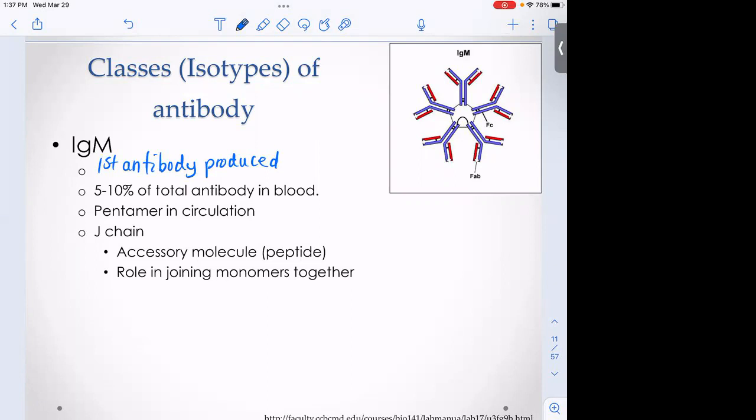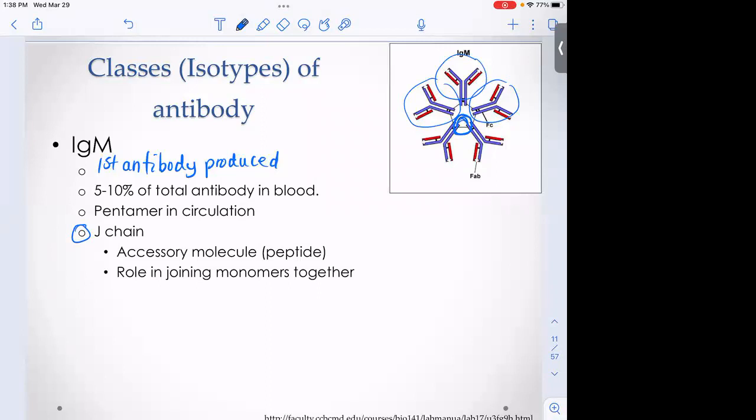It looks kind of unique because it's actually a pentamer when it's circulating in the blood. So there's 5 different IgMs. How do they coalesce into that structure? There's something called a J chain, which is that little arch there.